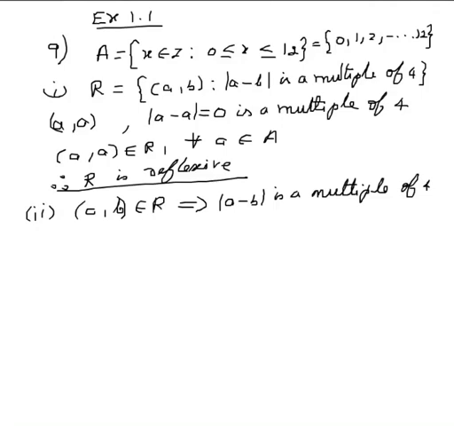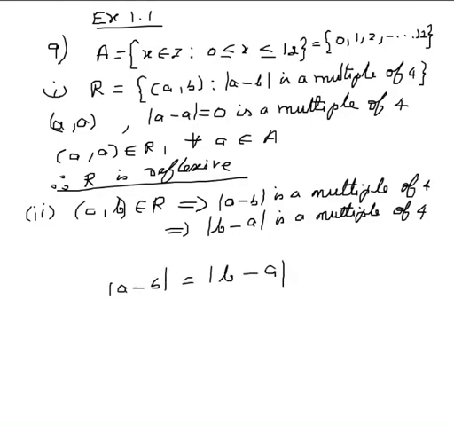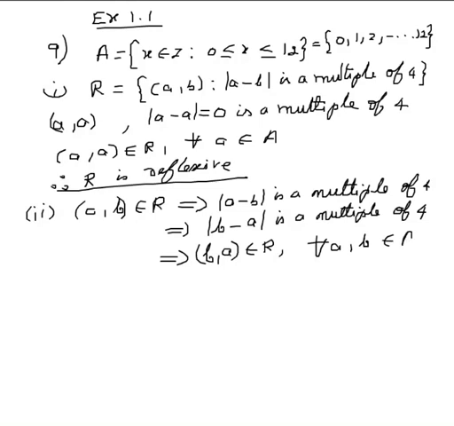If modulus of a minus b is a multiple of 4, definitely modulus of b minus a is also a multiple of 4, because modulus of a minus b and modulus of b minus a are same, which implies (b, a) belongs to R, and it is true for two elements taken from the set A. Therefore, R is symmetric.